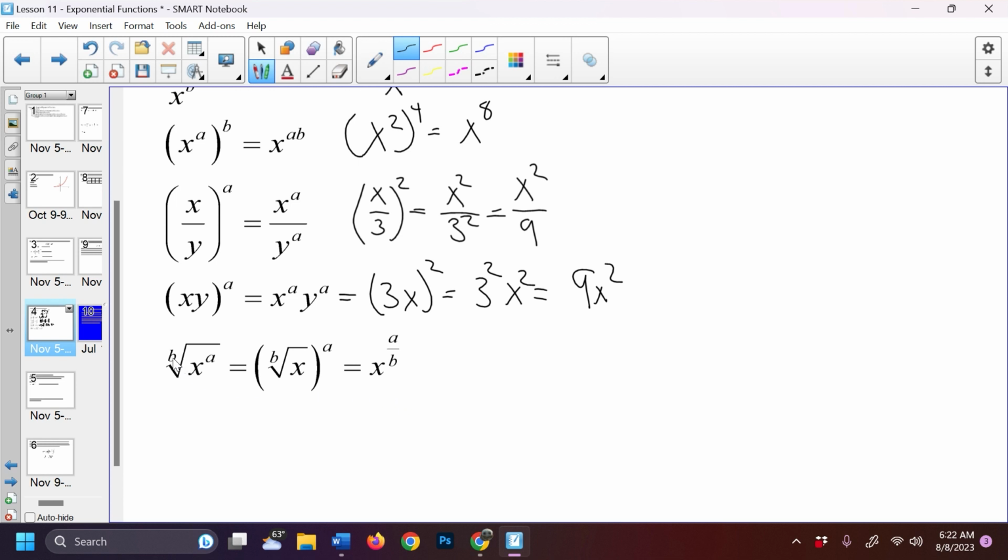And so if I have the bth root of x to the a, or the bth root of x all to the a power, that can be rewritten as a fractional exponent, a over b. Just as an example, the third root of x to the fourth can be written as x to the 4 over 3. All right.